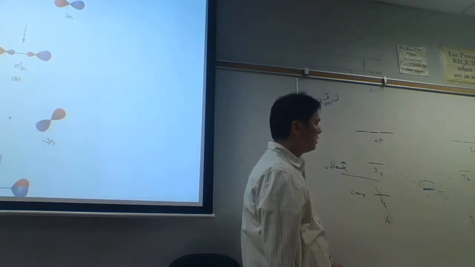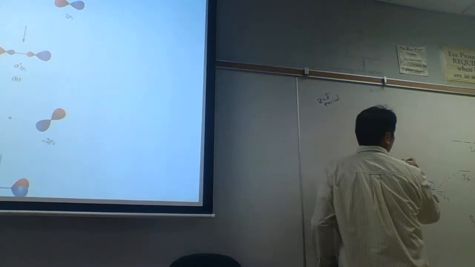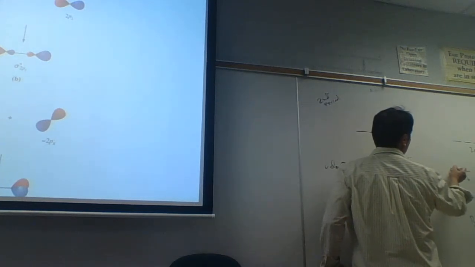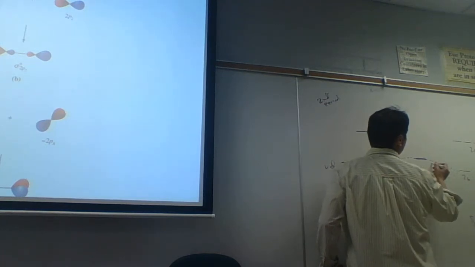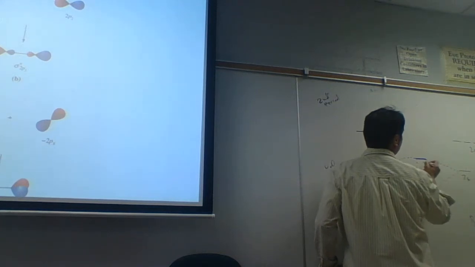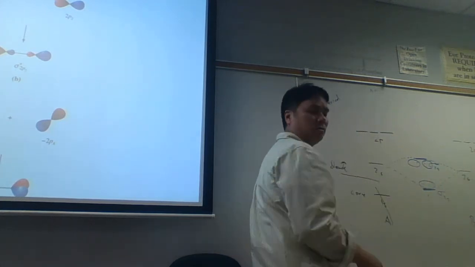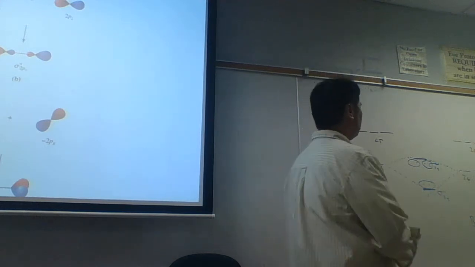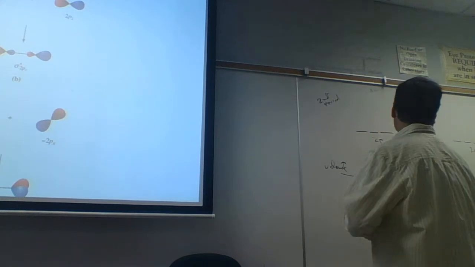We have a node in there, which I'm not going to show. And then if we do the positive and negative, we're going to get the sigma star 2s. In the sigma star 2s, the lobes appear to repel each other, and we end up with a node here. That would be the sigma 2s star.